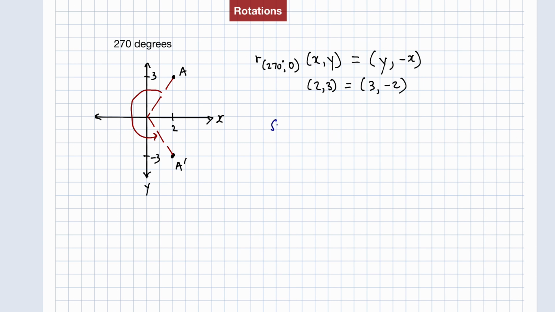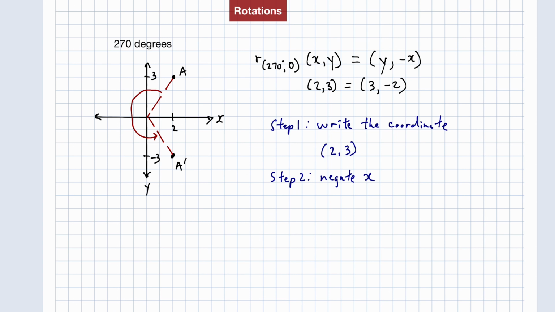Step 1, write the coordinates. In this case, we have 2 comma 3. And then step 2, we're going to negate x.